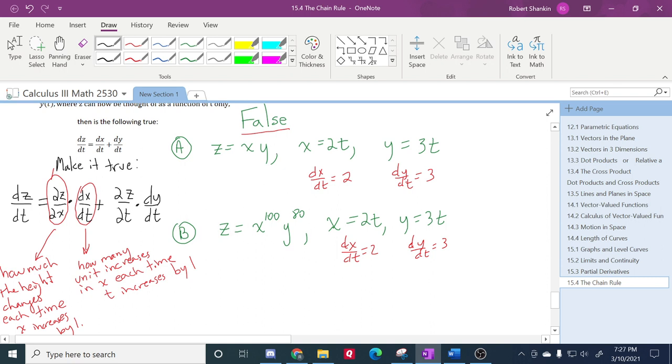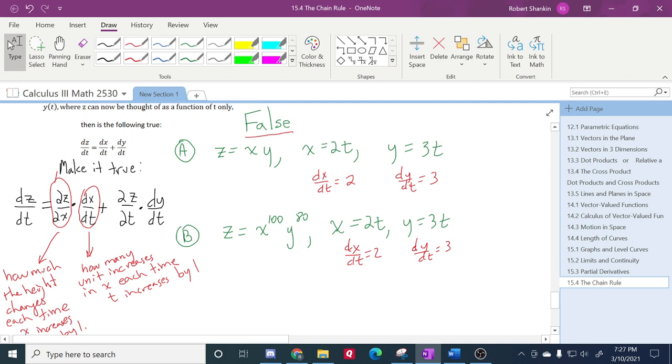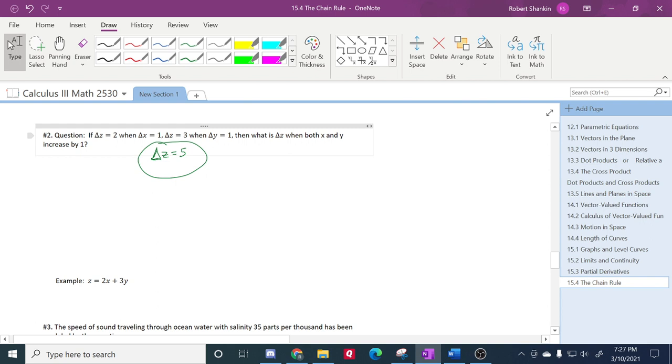Because we don't know if changes in x with respect to t are added with changes in y with respect to t. That's going to go back to this kind of thing. We're going to have two different things happening, and they are going to have a summative effect. And it's going to be a plus, and it's going to stay the plus.